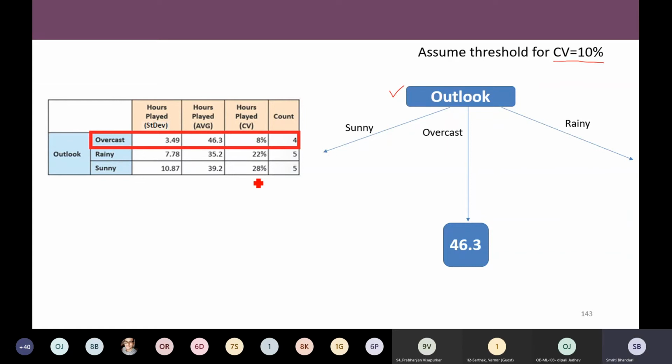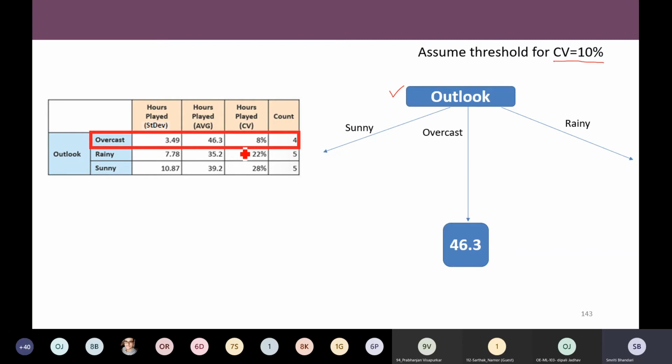With this statistics available, our CV values for overcast, rainy and sunny are available. We compare these CV values with our threshold. We are assuming that the threshold for CV is 10%. If the CV value goes below 10%, then there is no need to expand that branch further and we may arrive at the leaf node.